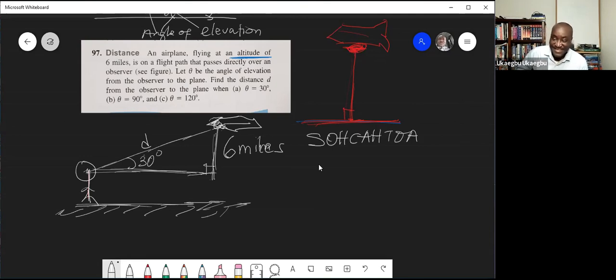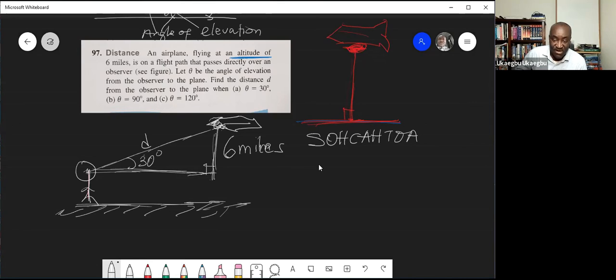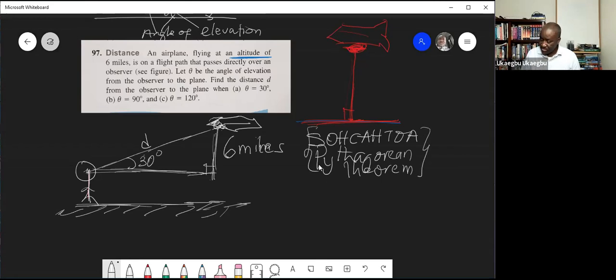Yes, everybody here should have heard of it. I have said this word more than 100 times in this particular class. SOH CAH TOA is usually used to compute anything that is a right angle. Another thing that is used is the Pythagorean theorem, once a right triangle is mentioned.